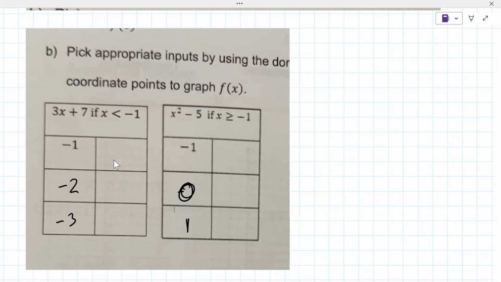-3. Okay, for the first box, I got 4, 1, and -2. Okay, that works. Now do the same thing for the second one. Remember that x is really in parentheses. Okay, go ahead and calculate those, please.